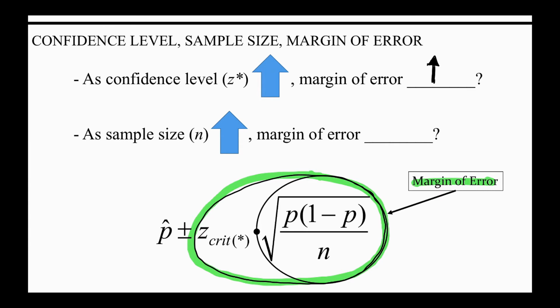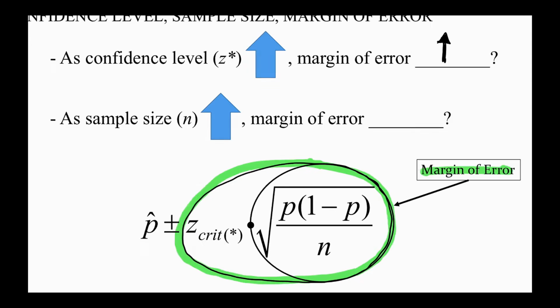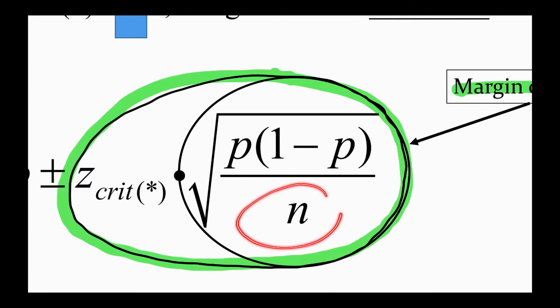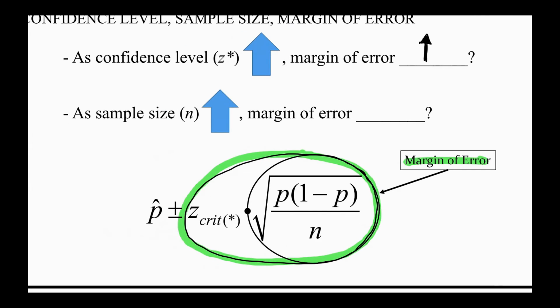Because it's in the denominator. When you get more data, it becomes more normal, right? Variability. As this guy goes up, what's going to happen to this overall number? It's going to go down, right? So the bigger n is, the smaller margin of error will be.